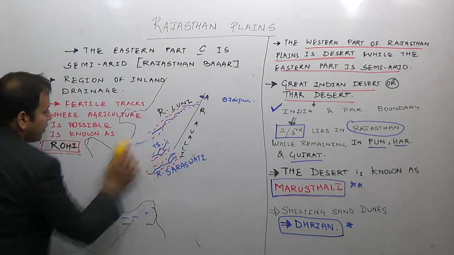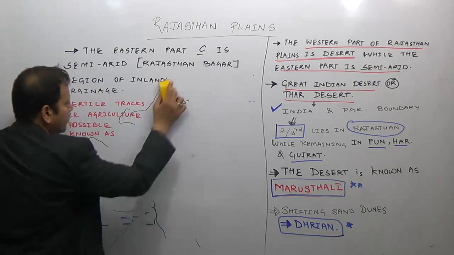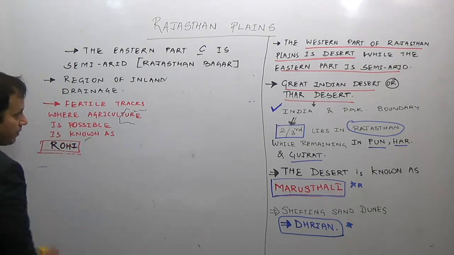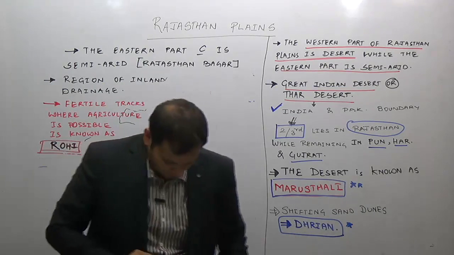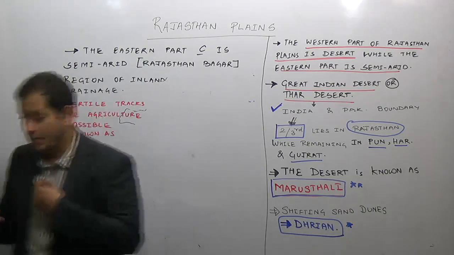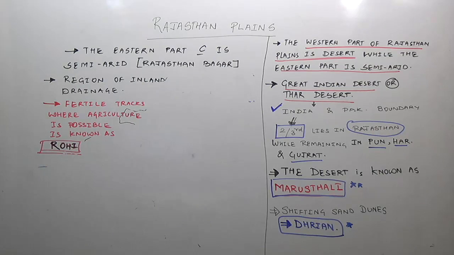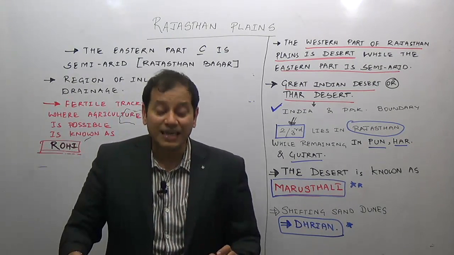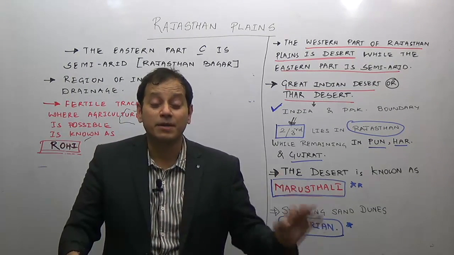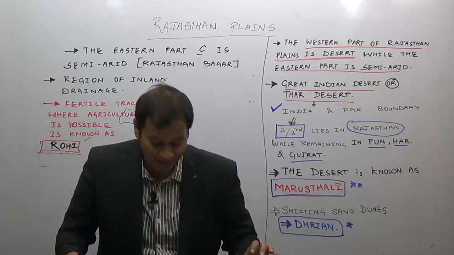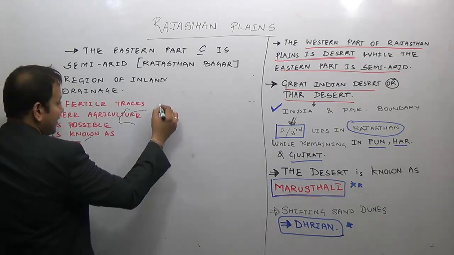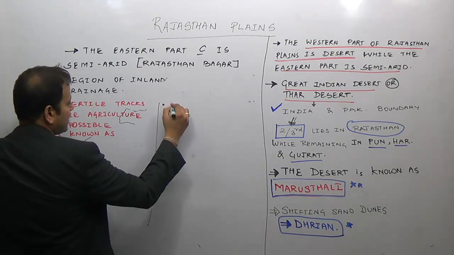So the next point which you have to remember from the exam point of view is that in the Rajasthan region there are numerous saline lakes, and this is a region of inland drainage.